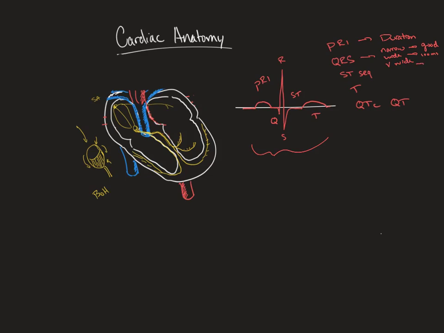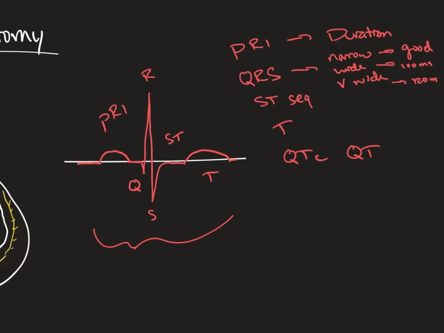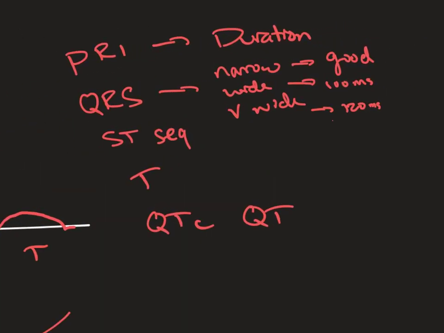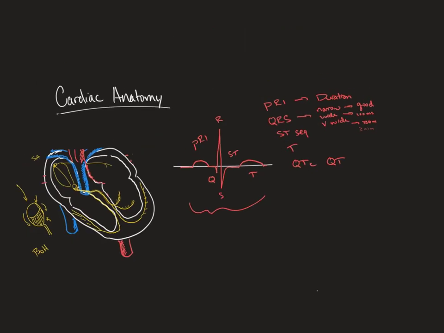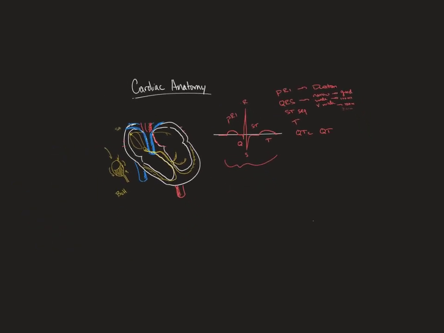And then very wide is going to be greater than 120 milliseconds. I guess you could say greater than or equal to 121 milliseconds if you want to be super precise. Yep. So let's get into it.